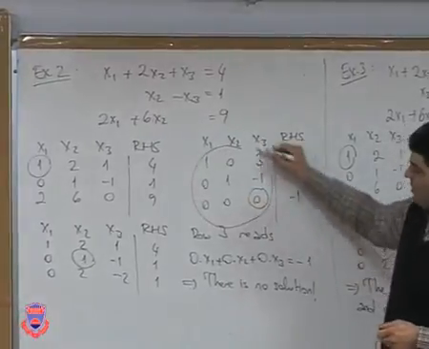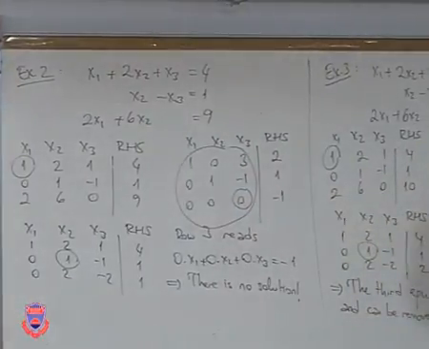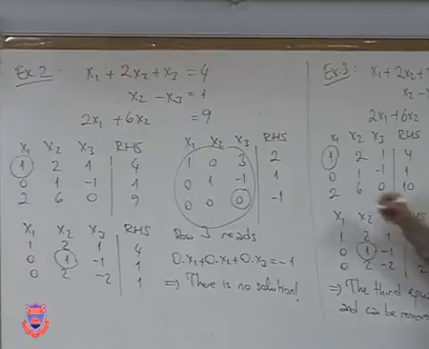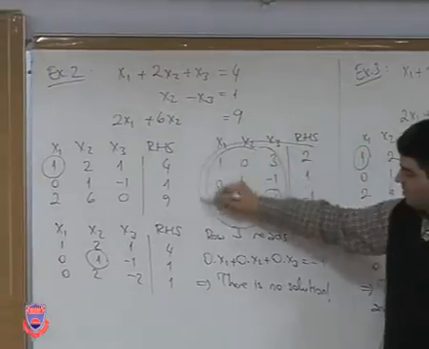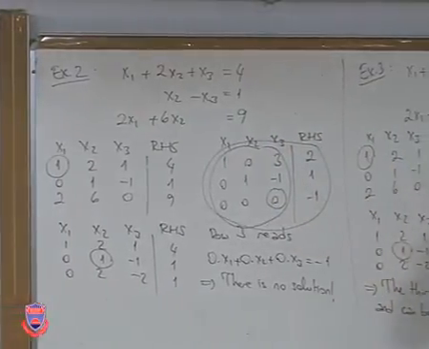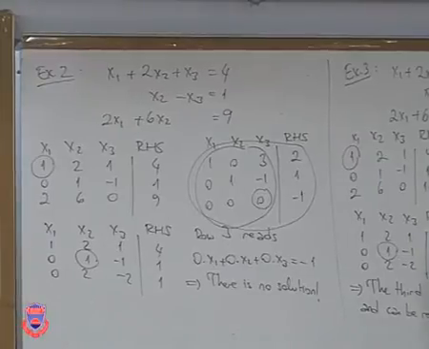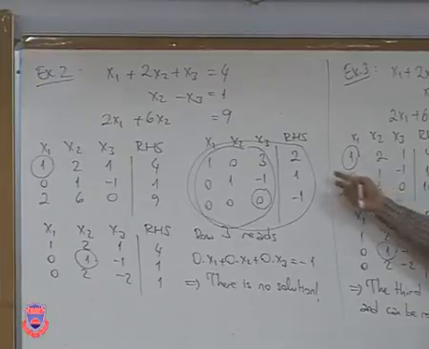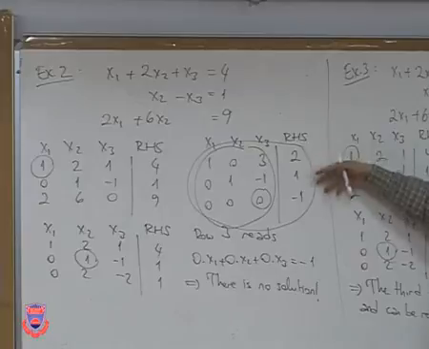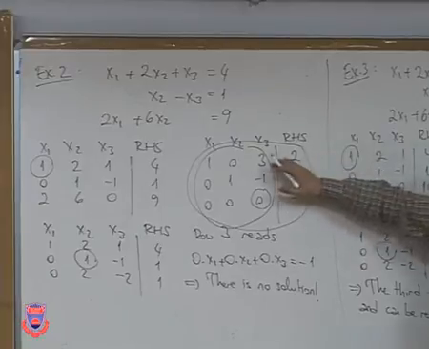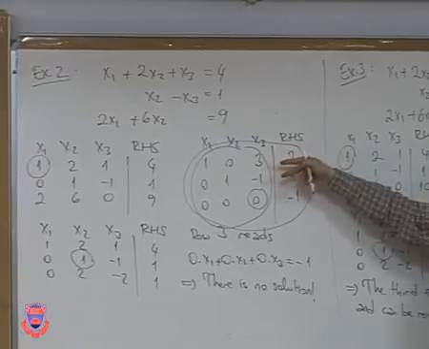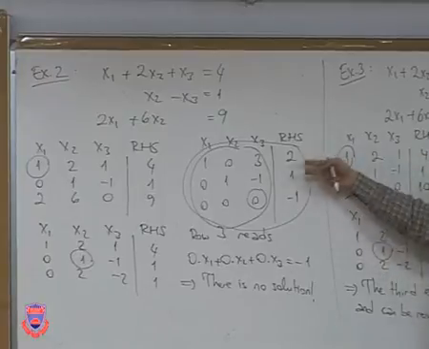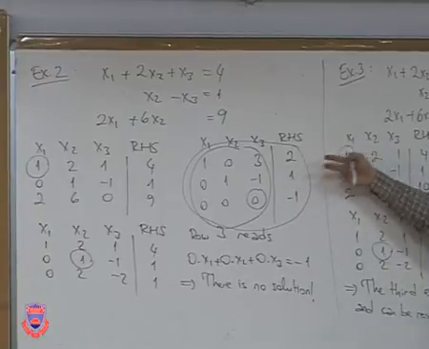What is the rank of this matrix? It's equal to 2, right? What's the rank of this larger matrix? It's equal to 3, basically. So the rank of the larger matrix is equal to 3. There are 3 linearly independent rows, whereas in the smaller matrix, there are only 2 linearly independent rows. And this is the cause of the problem.